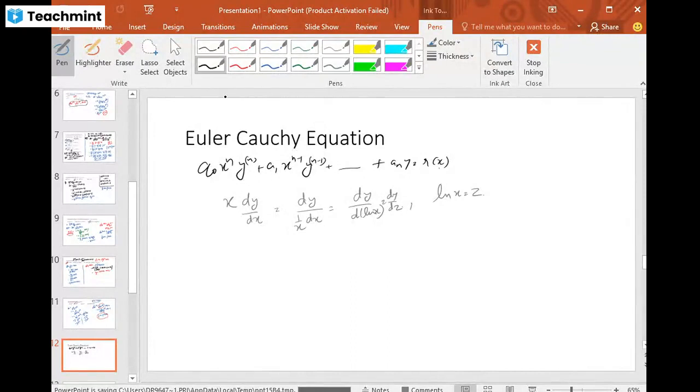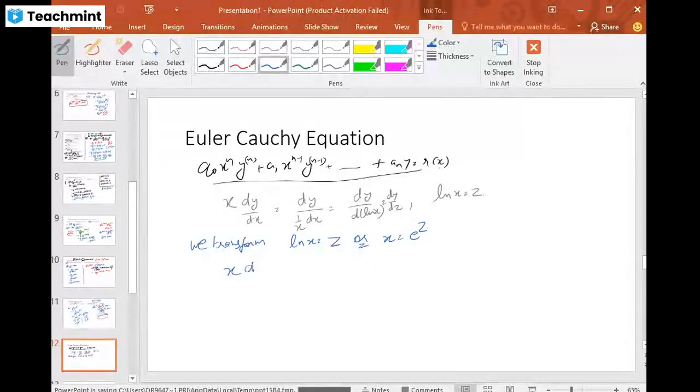Now you can see that this variable x is no longer present. So to reduce this equation into a differential equation with constant coefficient, we transform the variable: log x equal to z, or x equal to e raised to power z. If we use this transformation, then x dy/dx will be replaced with dy/dz.